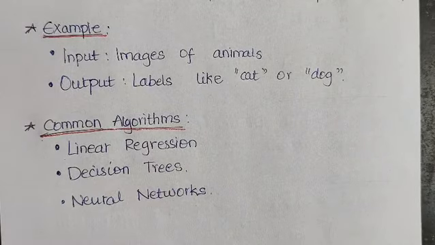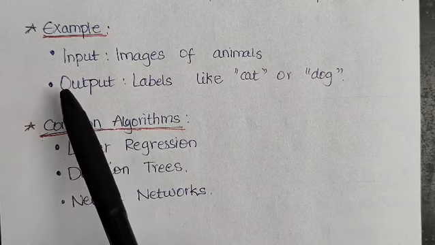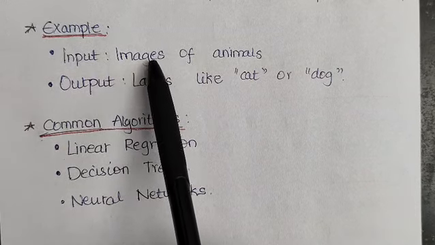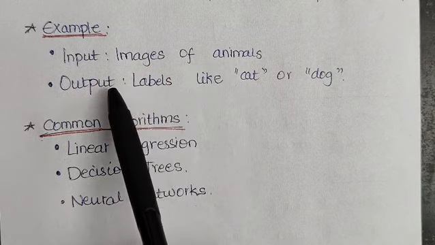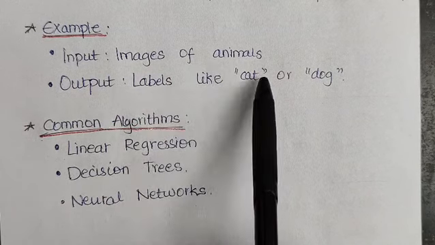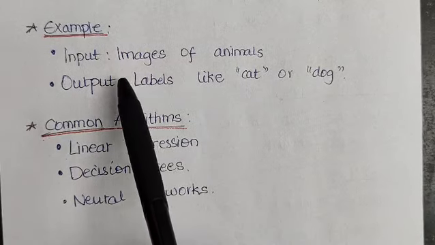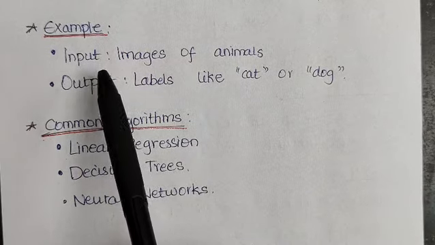The example for supervised learning is if we provide the input as images of animals, we will get the output as labels like cat or dog.